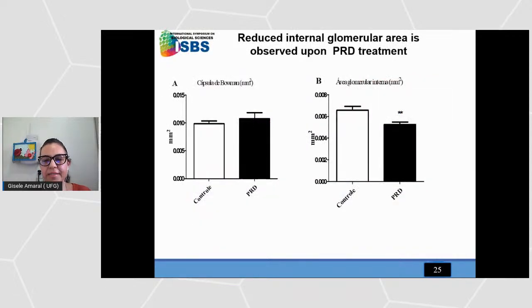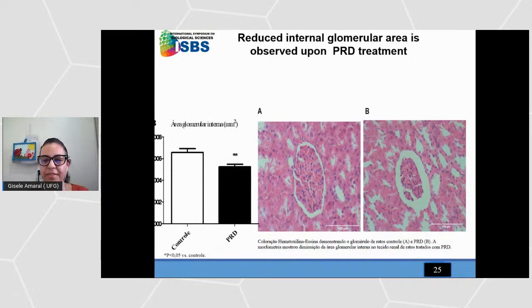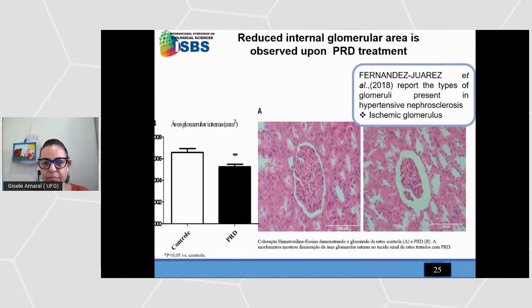When we analyze the glomerular capsule, no statistical differences were observed when comparing the groups. However, it is possible to observe a decrease in the internal glomerular area of rats treated with prednisone.